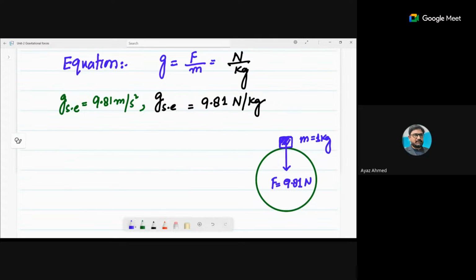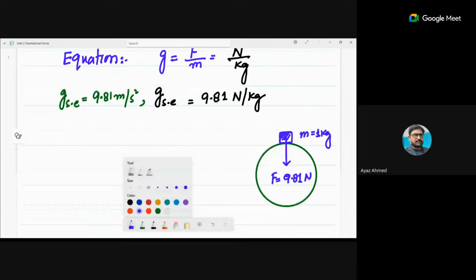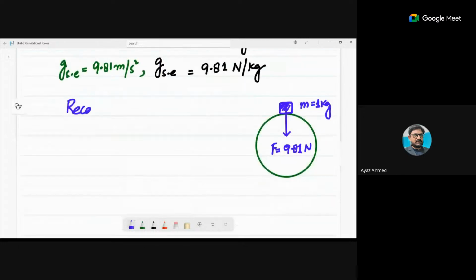Now I will move forward to the second equation, which you have to recall and derive. That was included in the syllabus. If you remember, I showed you all the specs of the syllabus, what you have to recall and what you have to derive. Its derivation is quite easy, I will consider it free marks.